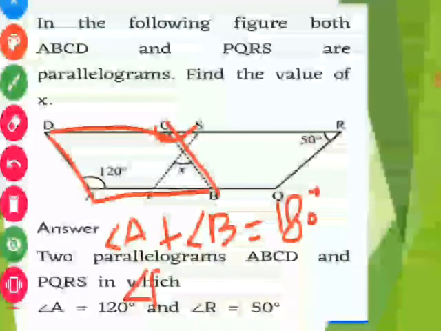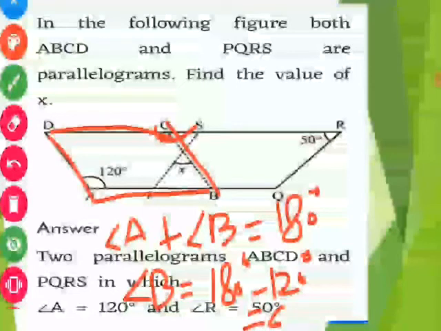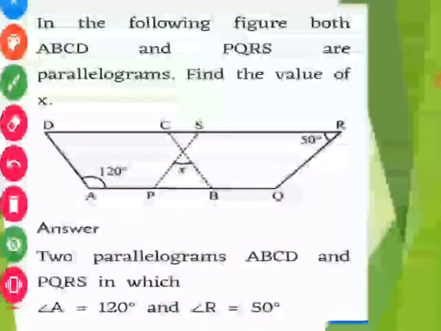Therefore angle B will be equals to 180 degree minus 120 degree, which means this angle is 60 degree. So angle B we have calculated, 60 degree. Now let's proceed with the next parallelogram. The next parallelogram is PQRS, this parallelogram.